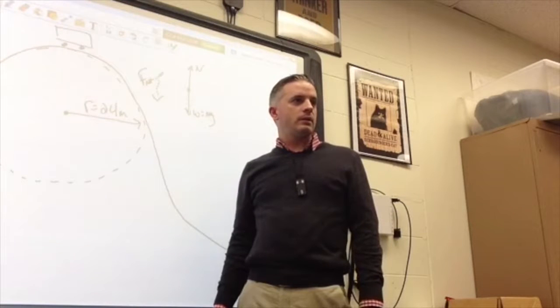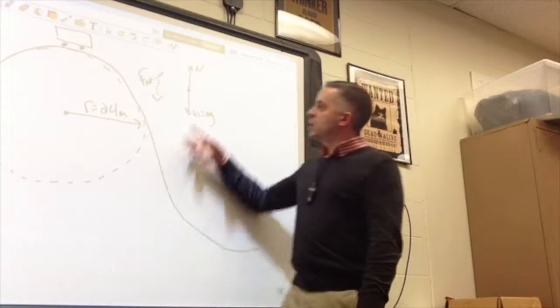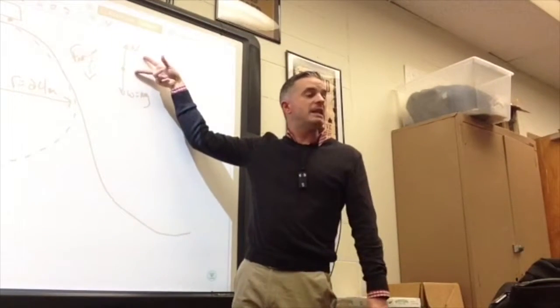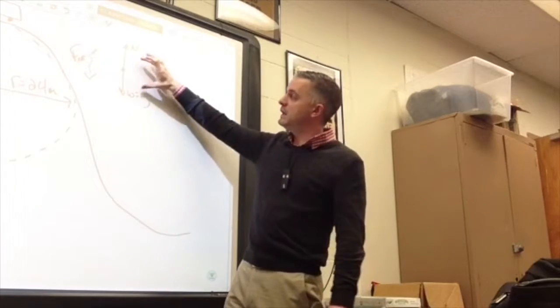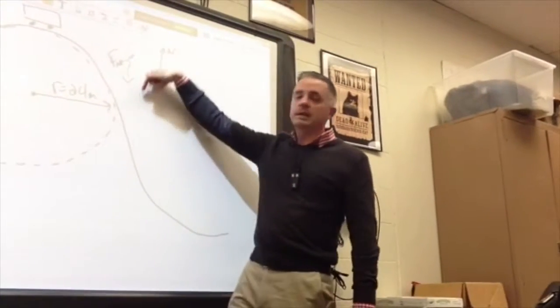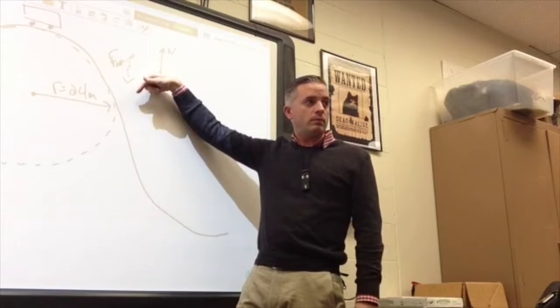Does that make sense? Right? Bhavya, does that make sense? Okay. So there needs to be some force, or there needs to be a leftover force, right? A net force. The sum of these two needs to be such that it is directed radially inward or towards the center of the circle.